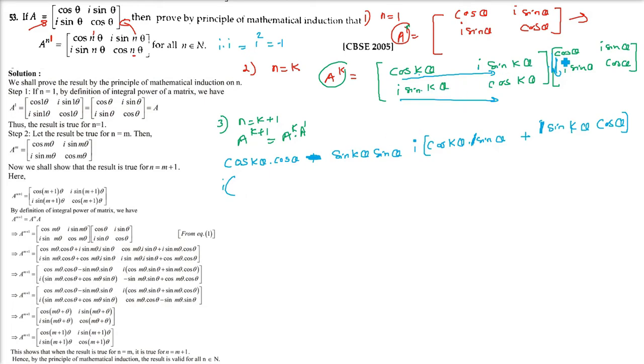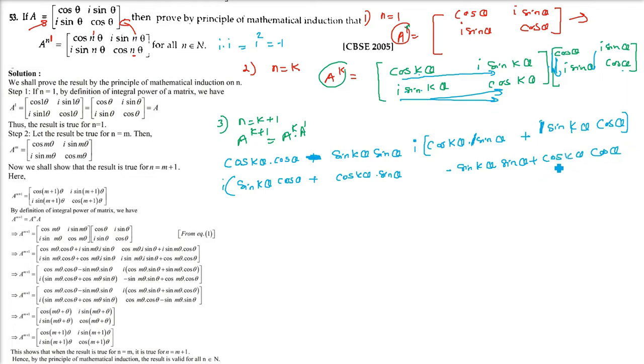Sin k theta into cos theta, and cos k theta into i sin theta, so i is taken already common, so cos k theta into sin theta. This is the first entry. The second one: now the second row with the second column. i square will be i square, this i into sin k theta into i into sin theta. i square will be minus, so sin k theta into sin theta you can directly write. Then cos k theta and cos theta, plus cos k theta into cos theta.